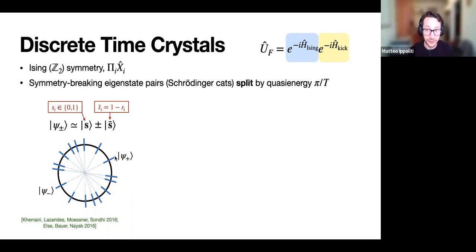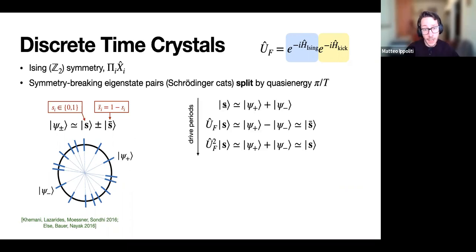And this is really important because it has this striking signature in time evolution, starting from an arbitrary computational basis state. So by basically inverting this relationship here, we can write a computational basis state as dominantly a sum of these two eigenvectors with some smaller weight on the others.